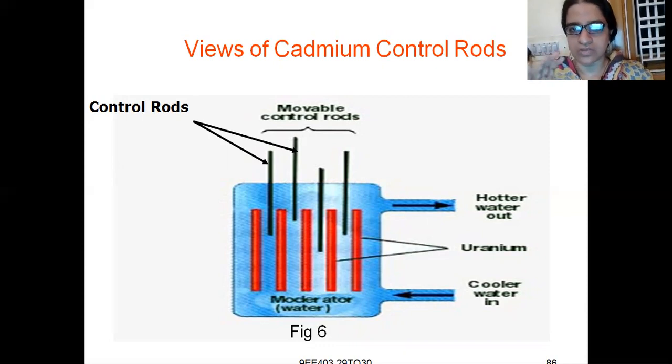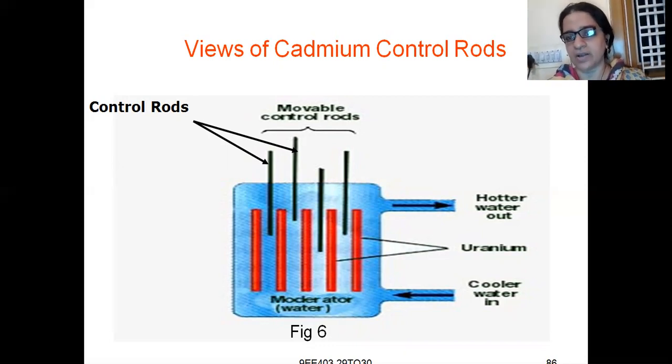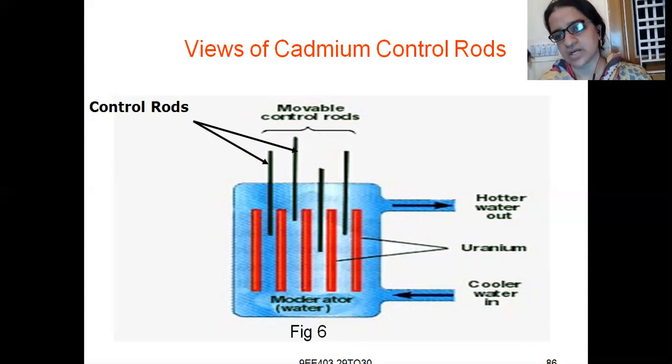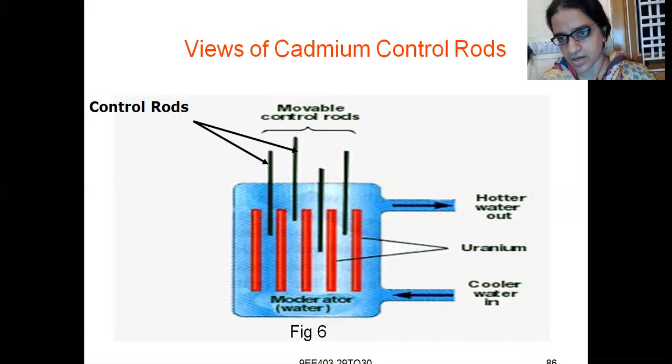How does this control rod serve that purpose of slowing down or controlling the nuclear reaction? It does so by placement of control rods at a particular height. If the control rods are placed very near to the nuclear fuel, then more and more neutrons will get absorbed. If they are placed a bit far away, then fewer are absorbed, as I explained a few minutes back.